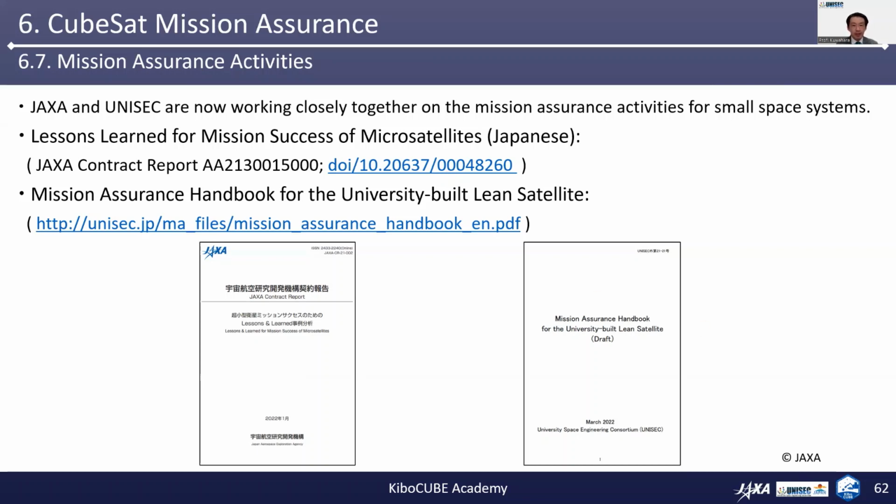The second one is the Mission Assurance Handbook for the University-built Lean Satellite, which is available both in English and Japanese under the link below. We would be very happy if these documents can be useful for the mission assurance of your CubeSat projects.